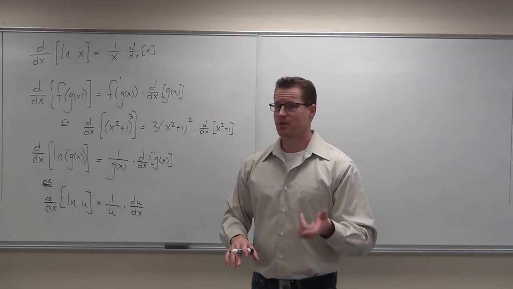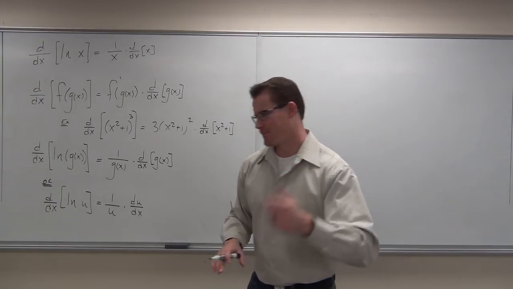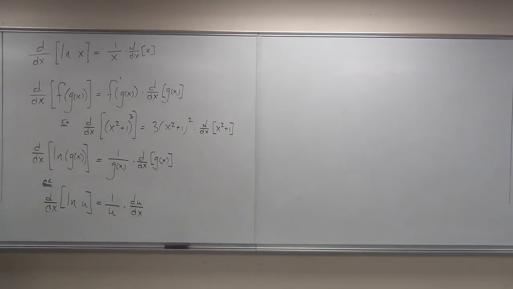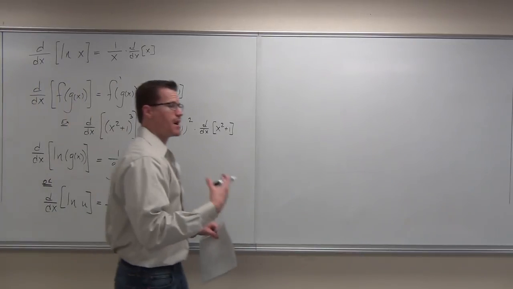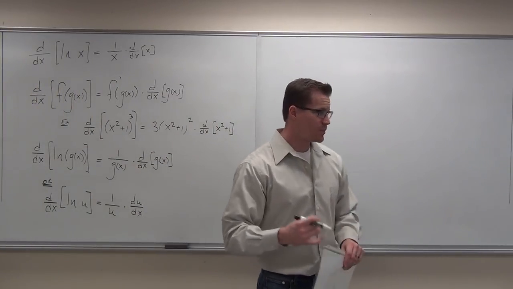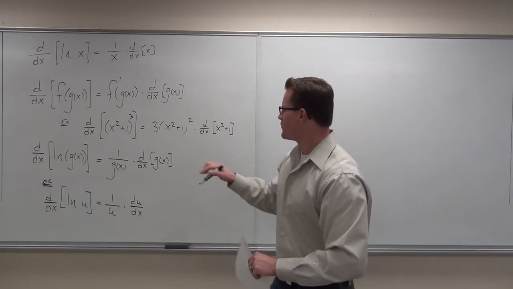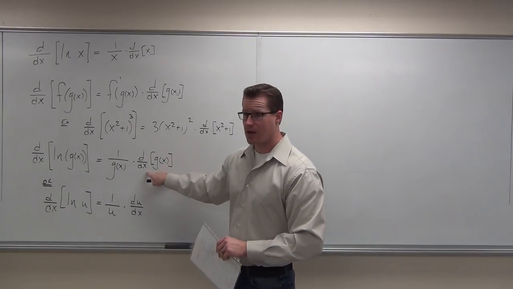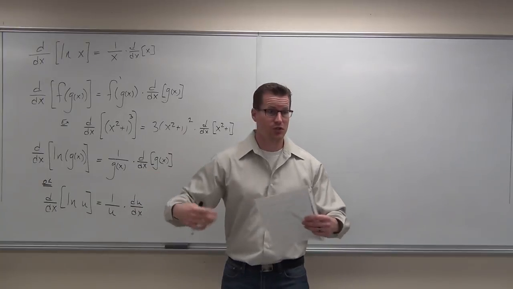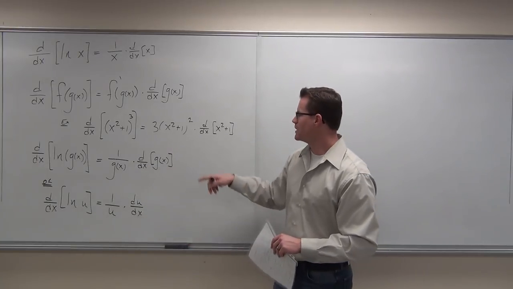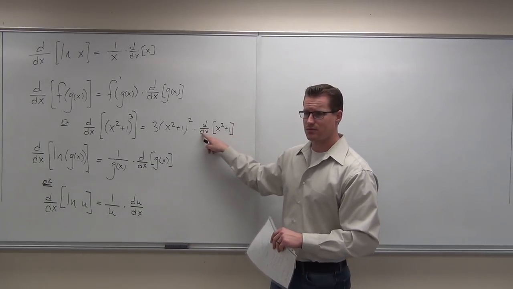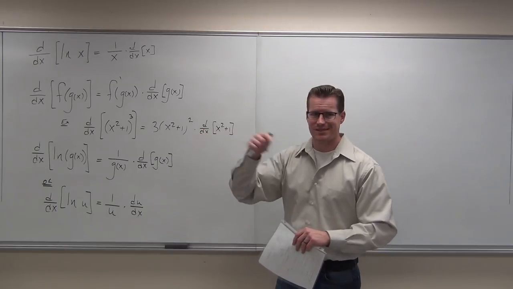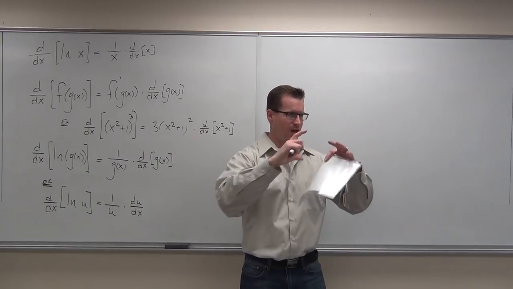What do you say we practice some examples right now? I promise you, these really aren't that hard if you keep in mind this is a chain rule. What a lot of people will do here is forget to do this part. Just like some of you in Calculus 1, when you first learned it, especially with sine of 5x, where 5x is inside.